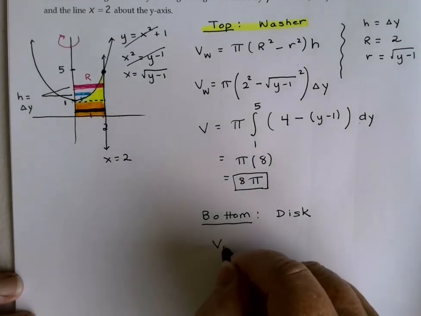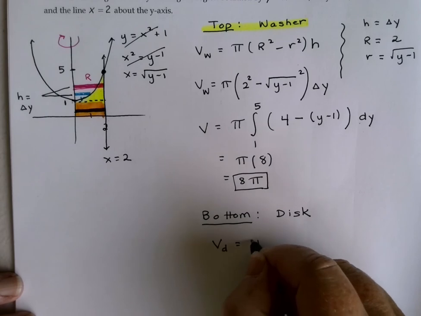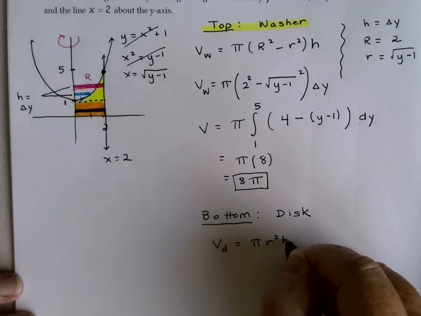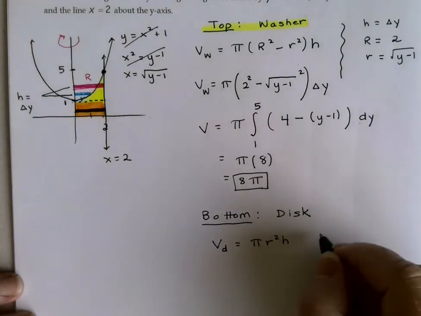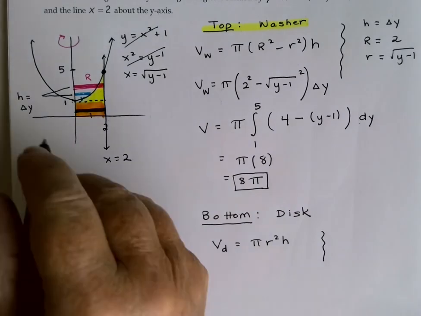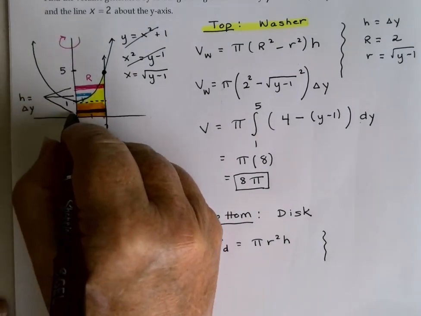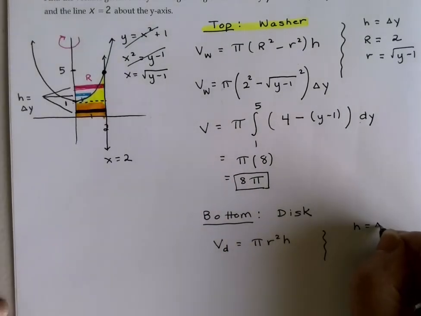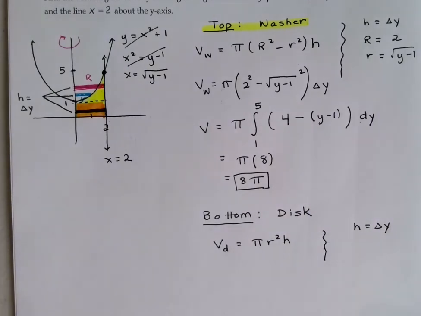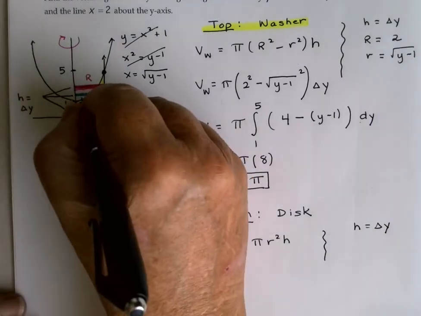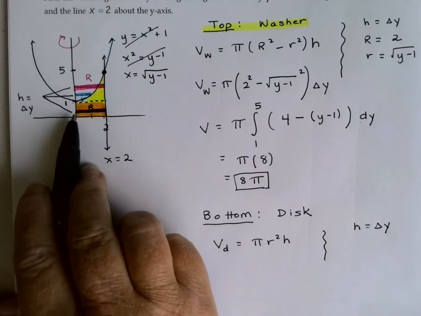So the volume of a disk, pi r squared h, and in this case, our h is still going to be a delta y, and our radius is always 2.